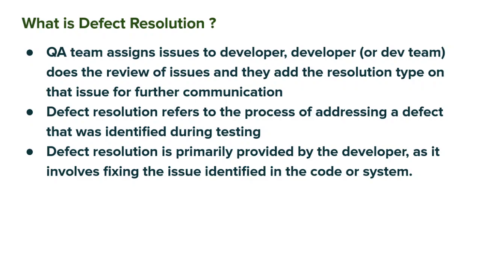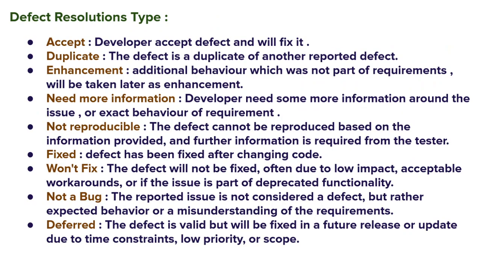For example, what are the different types of resolution? As a QA, you have created the bug and assigned it to the developer. Now there are multiple types of resolution which the developer can provide on that issue.